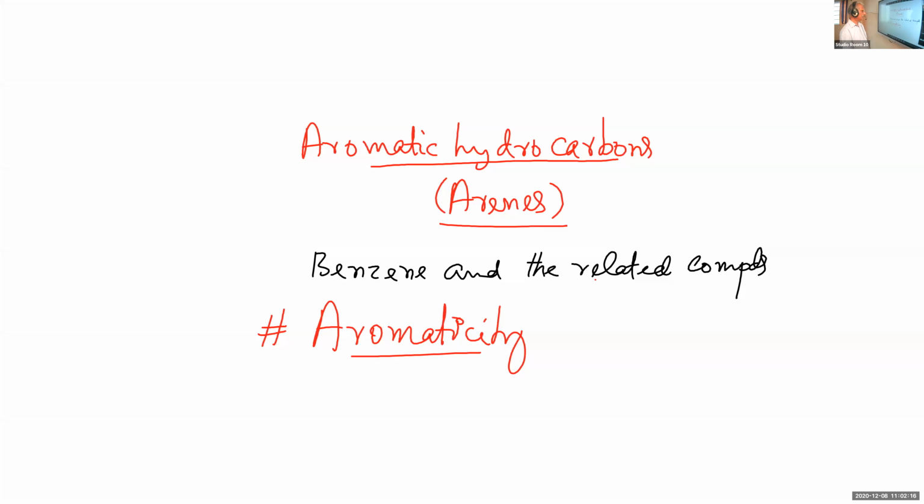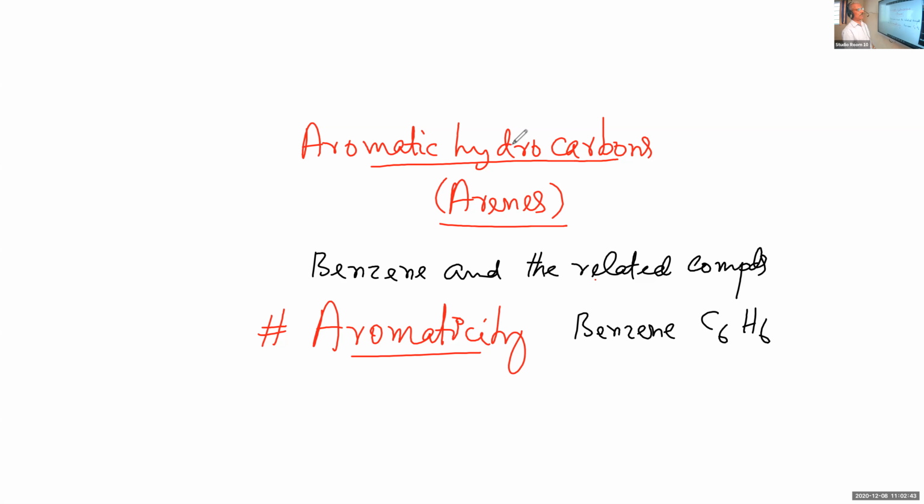Now, the term aromatic is coming from a special property known as aromaticity. If we consider the molecular formula of benzene, it is C6H6.